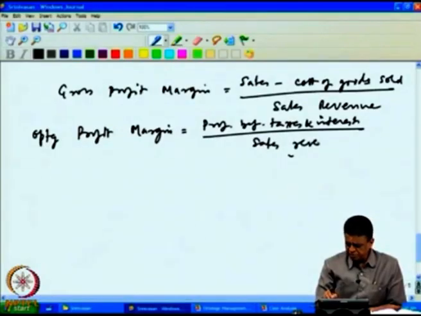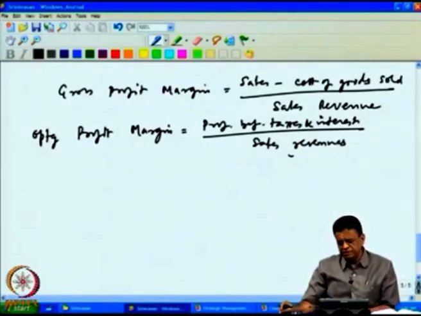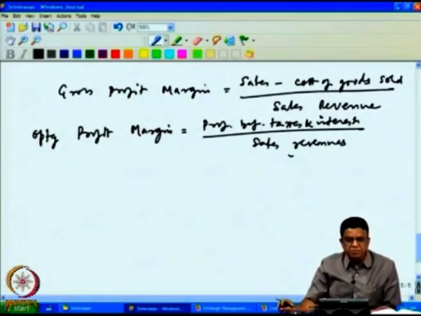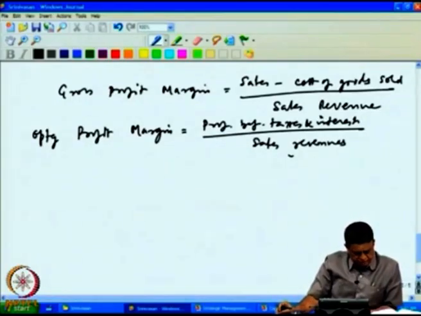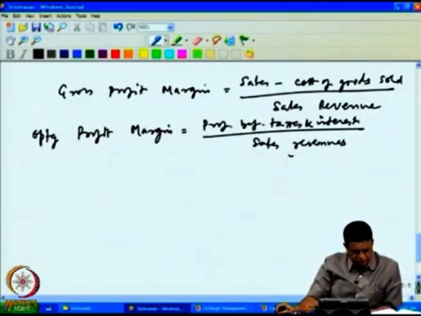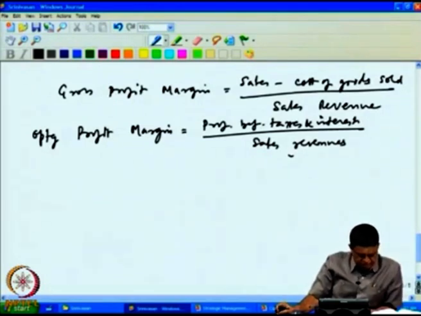So, before the company pays money on taxes and interest, the profit earned divided by the sales revenue. What does it tell you? It gives you an indication of the firm's profitability from current operations without regard to the interest charges accruing from the capital structure.